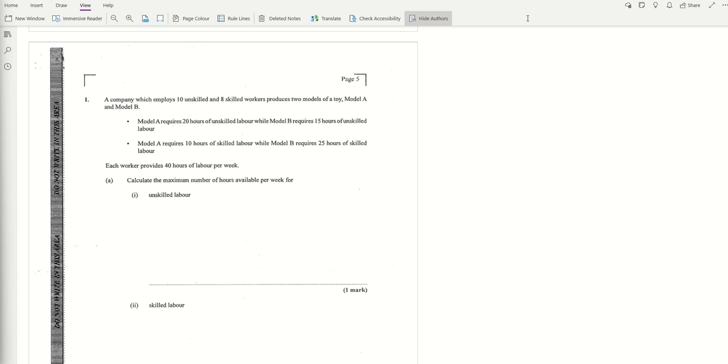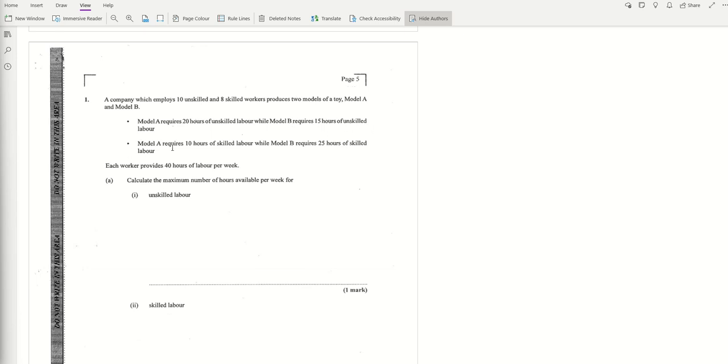So they said a company which employs 10 unskilled and skilled workers, so 10 is the combination of unskilled and skilled workers, produced two models of toys, Model A and Model B, right? Model A requires 20 hours of unskilled labor, while Model B requires 15 unskilled hours.